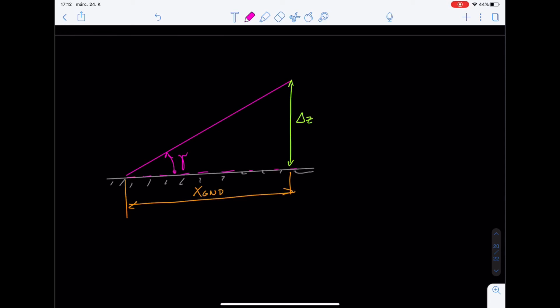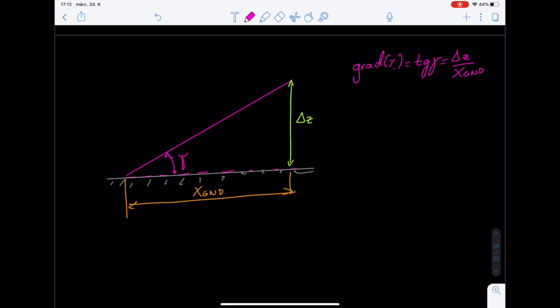And you guys remember that we have something called the gradient in percentage, maybe, that is the tangent of this angle, which is the delta z over the x_gnd.